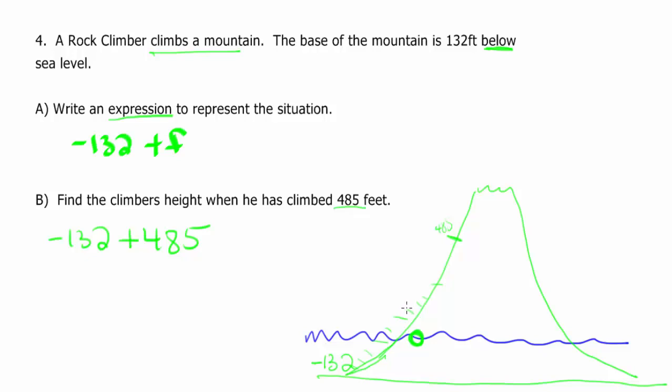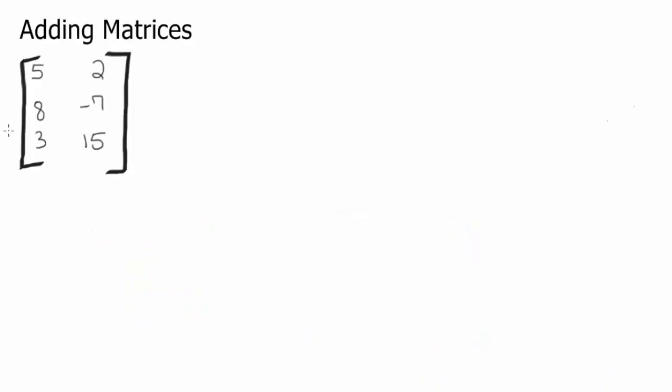Negative 132 plus 485 is 353 feet, and yes, you have to write out what it is. What are we talking about? Some people might say 353 people or mountains. They'll just go crazy and not know what they're talking about. You've got to let me know that you know what you're talking about.